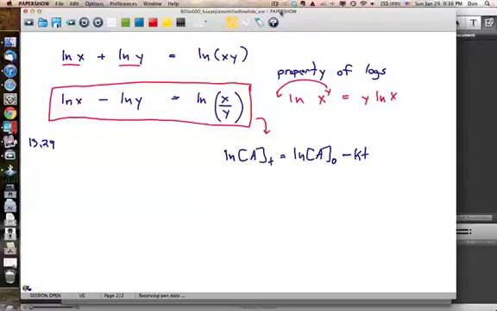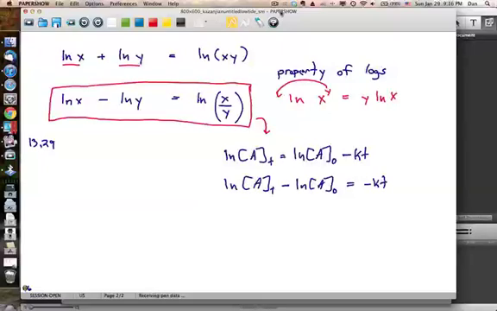And what you'll find is that you can rearrange this, if you know your concentrations, to the following.